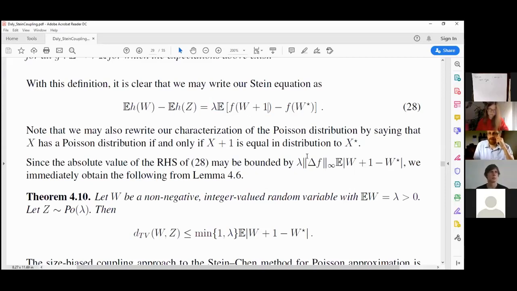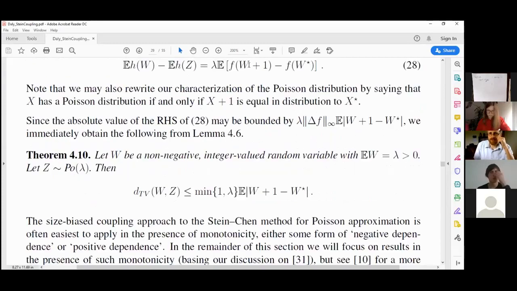And if I want to, I can make those sorts of comparisons explicit. So just use that representation, and use the fact that I know that the increments of f are bounded in the same kind of way that we had before.